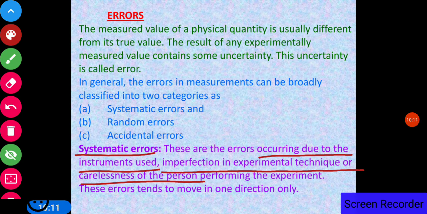The third one: the technique is correct, the instrument is correct, but the person is working carelessly. In all these cases the error will be there in the measurement, and such error is known as a systematic error. These errors tend to move in one direction only, meaning either positive or negative.